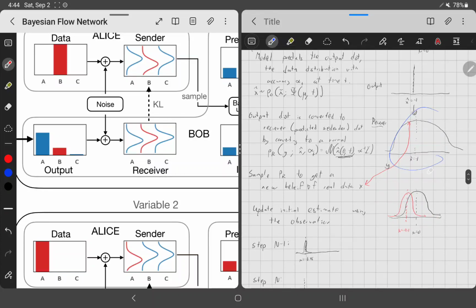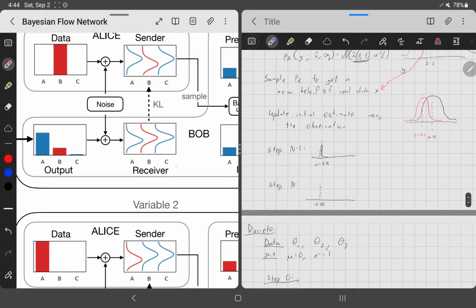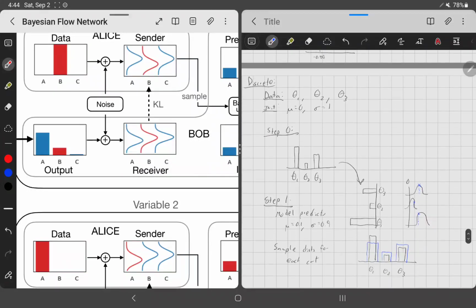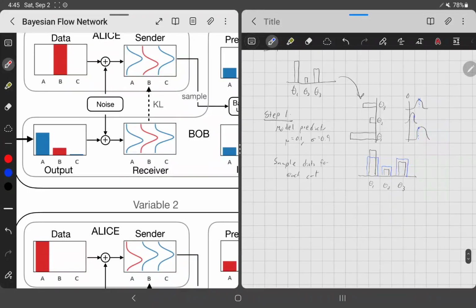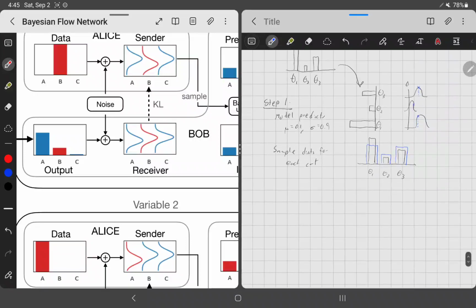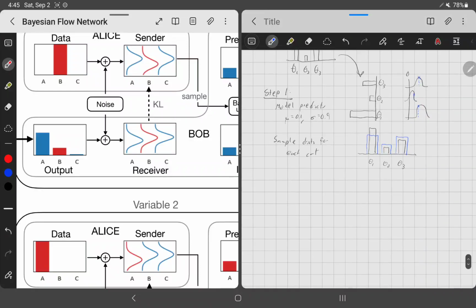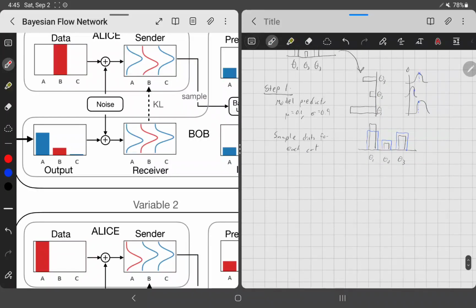And then we add noise to it to make it a receiver distribution here. So we add a little bit of noise to it, and we convert this to some Gaussians, and you actually convert it to like the sum of them, I'm pretty sure for the discrete case. So the discrete case, it's strange.